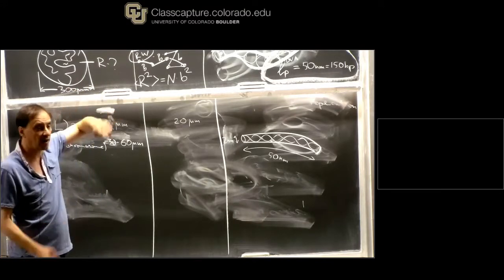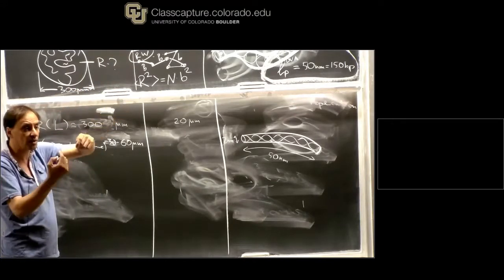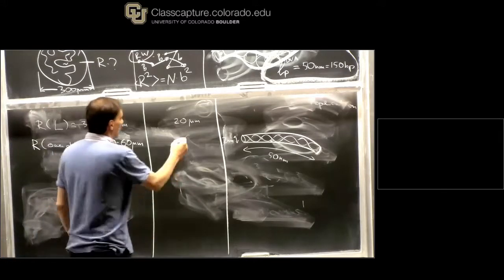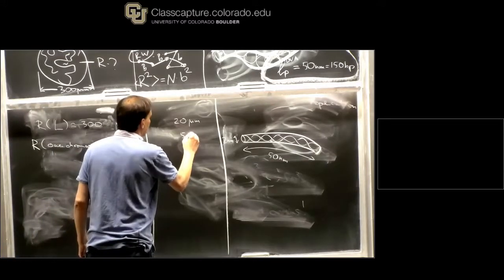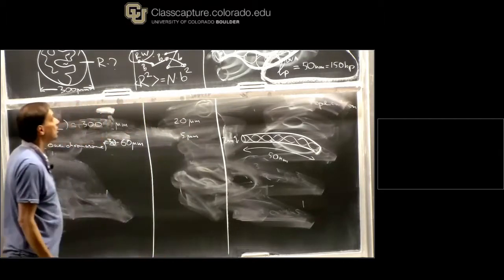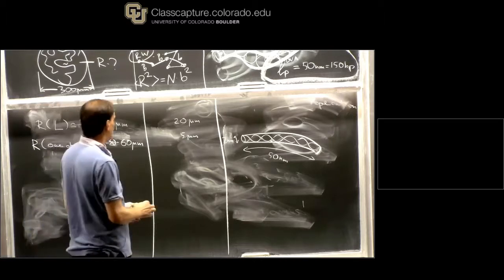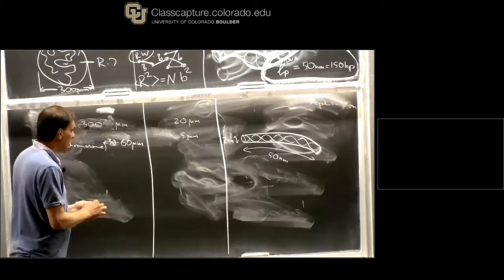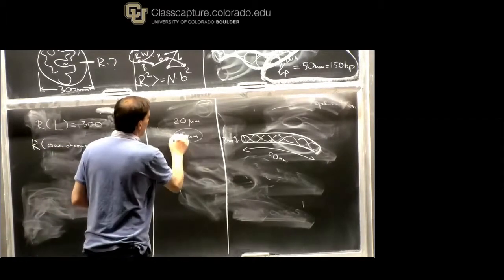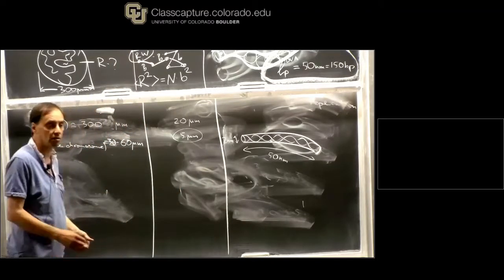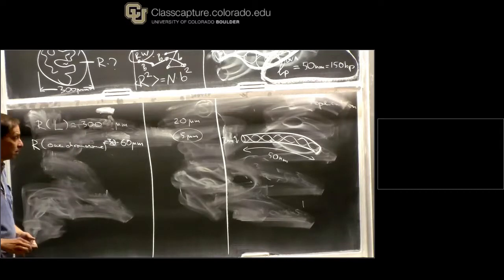If I divide the length by 12, the size would go down by the square root of 12, say 3 or 4. So this is like 5 microns. Okay, that's interesting, because now it looks like individual chromosomes of yeast can fit inside the nucleus.